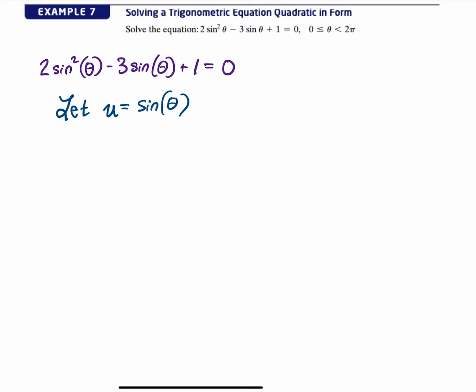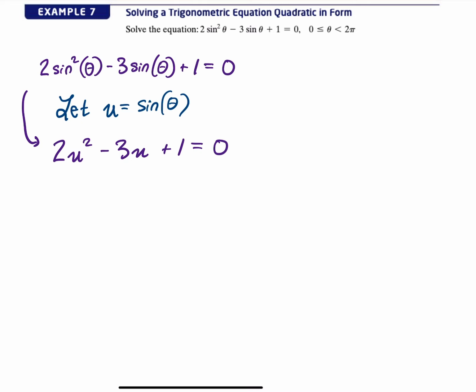It's not fully necessary, but this can be helpful, especially in the beginning as we're getting used to this. So that would transform this original equation into 2u squared minus 3u plus 1 equals 0. You could even use x too. I could say let x equal sine of theta. You get 2x squared minus 3x plus 1. This might help you recall how to solve something like this.